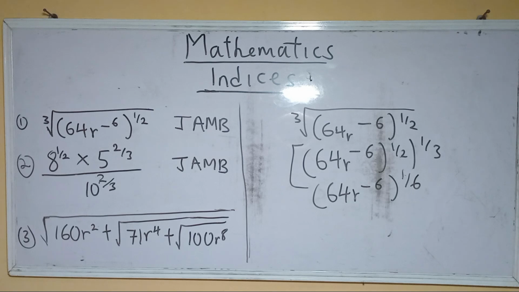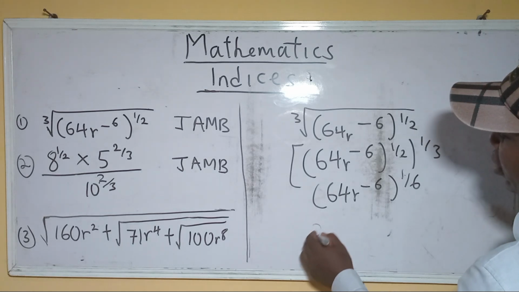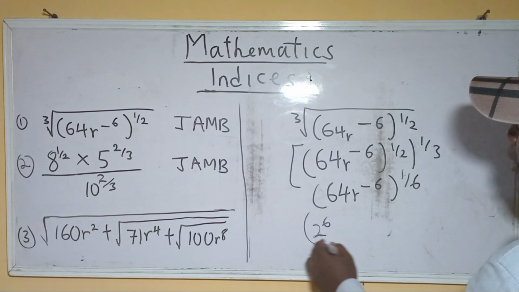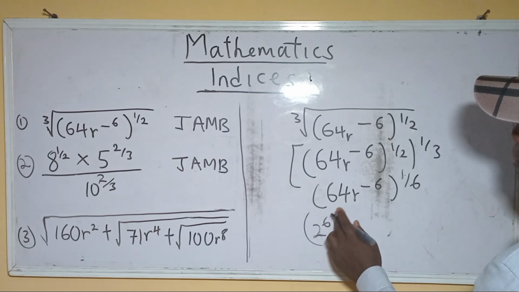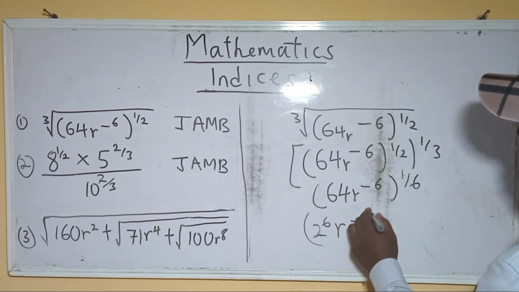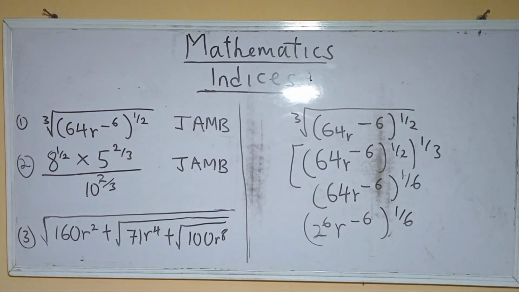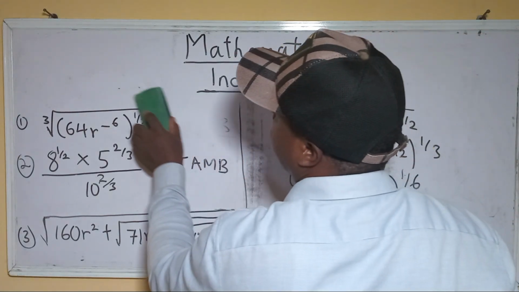Followed by, we expand this. This one will give me 2 raised to power 6, then r raised to power minus 6, all to the power 1/6. Let me remove this.